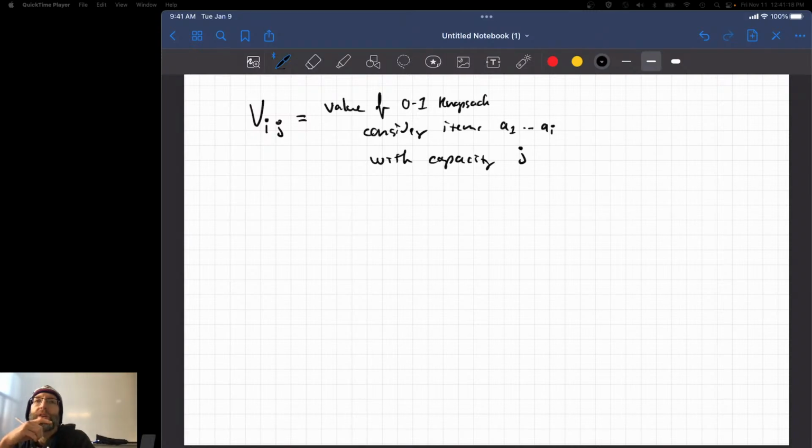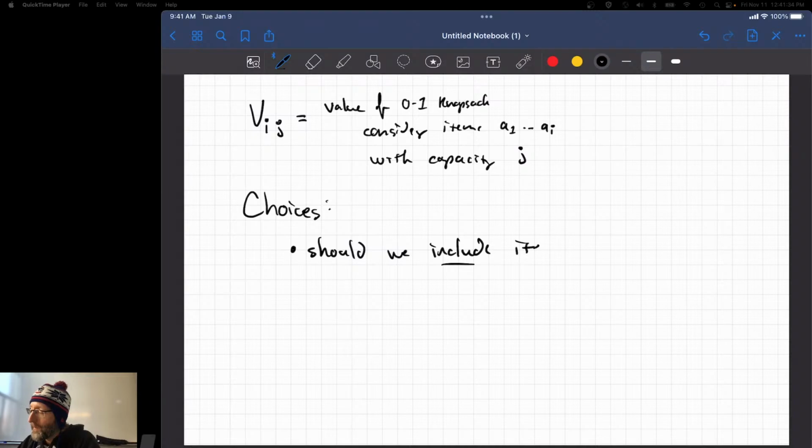Right? You can carry j weight, okay? So now what we've got to do is we've got a choice. Right? Should we include item ai, or should we exclude item ai?